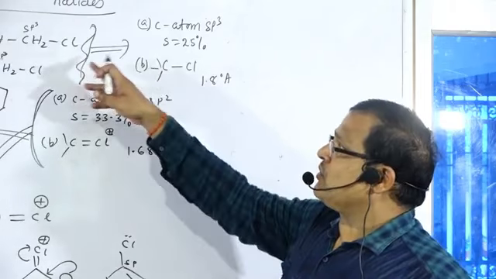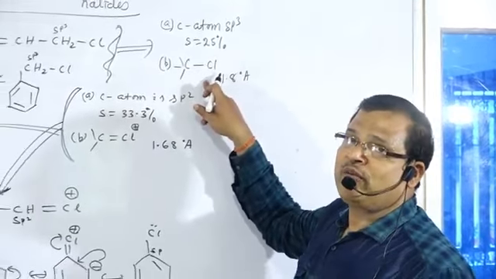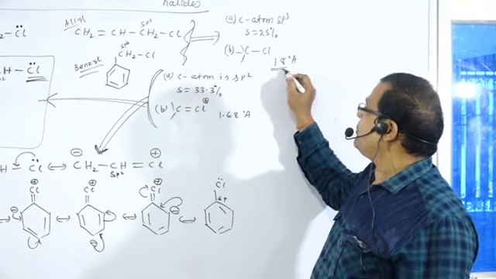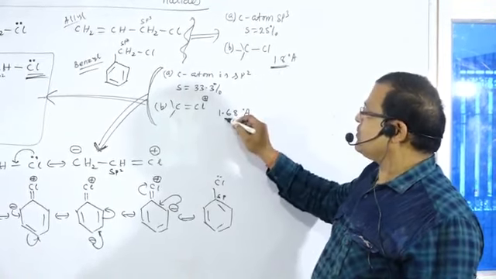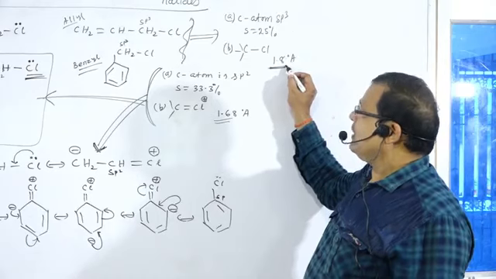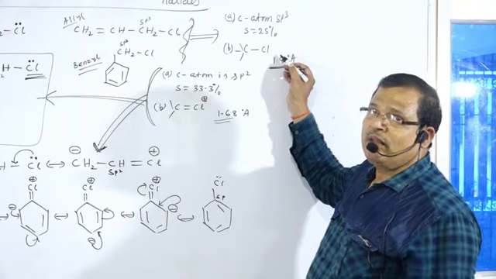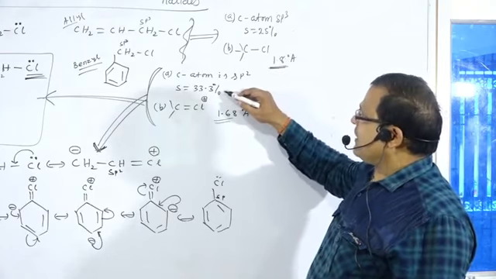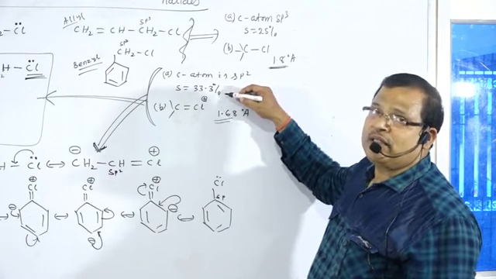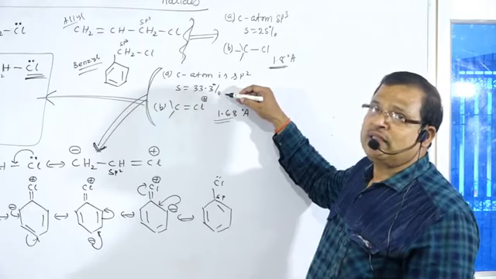There is no conjugation, no resonance, and no development of carbon-chlorine double bond character. Because of that, the bond length is found to be 1.8, whereas in the earlier case it is 1.68. The higher the bond length, the lesser the bond strength and the more the reactivity. The higher the S character, the higher the penetration power towards the nucleus, so the bond strength will increase and reactivity will decrease.